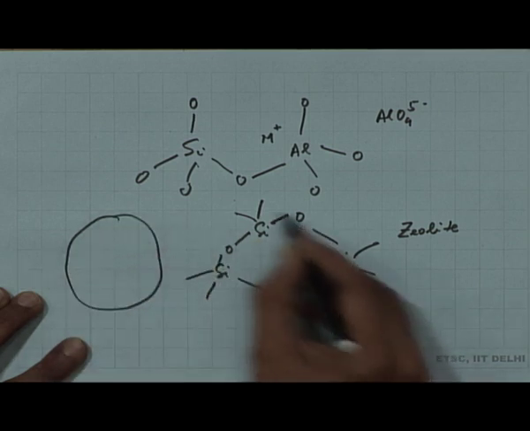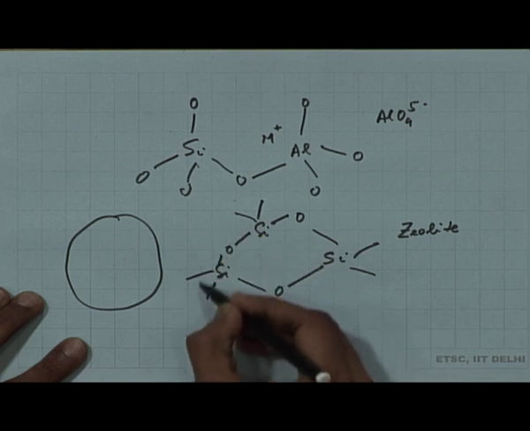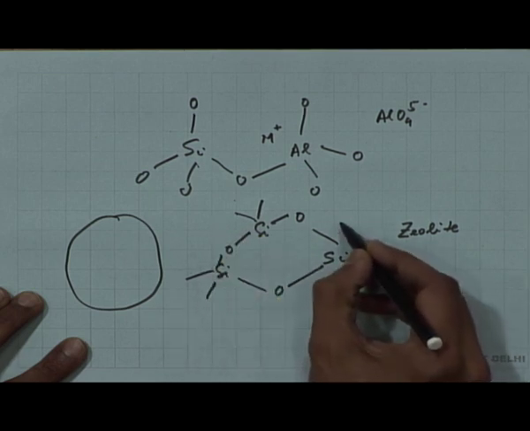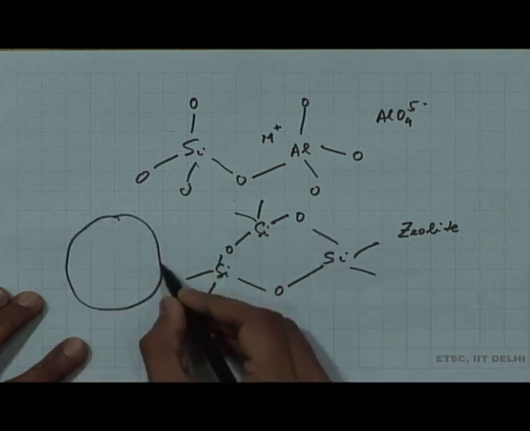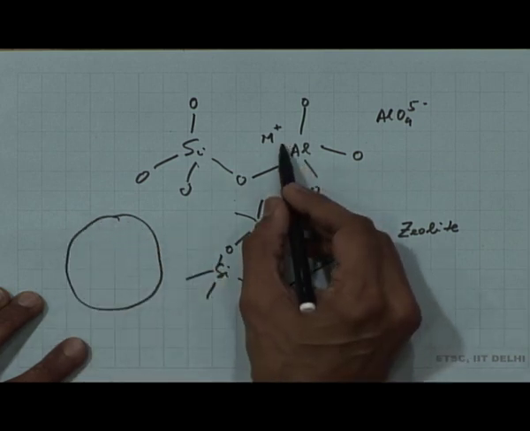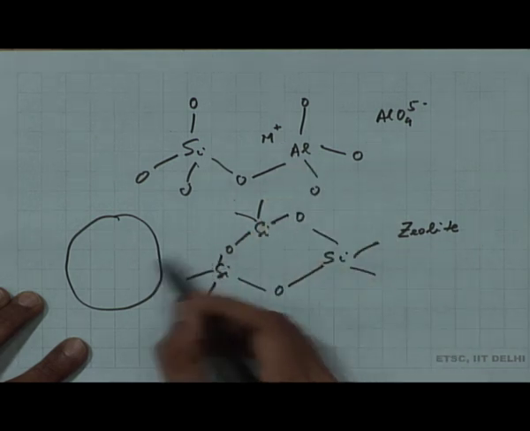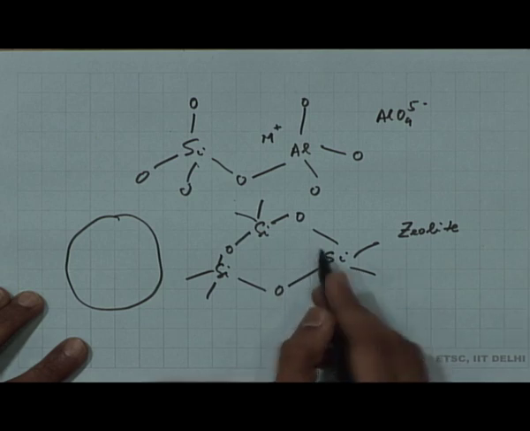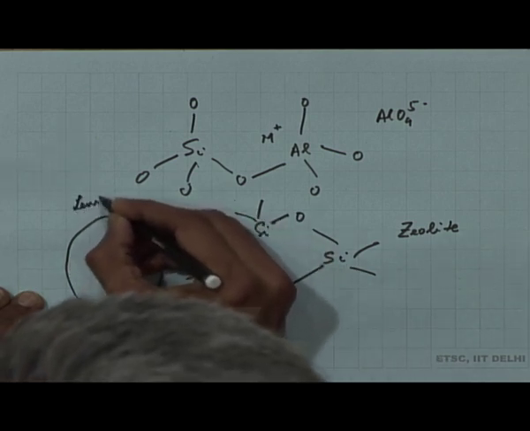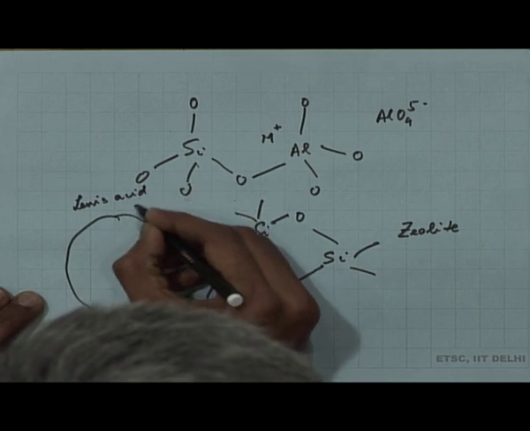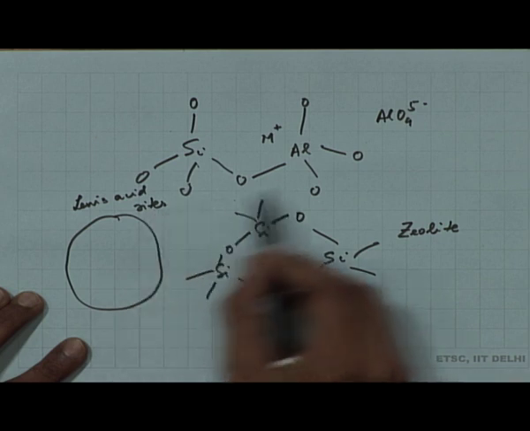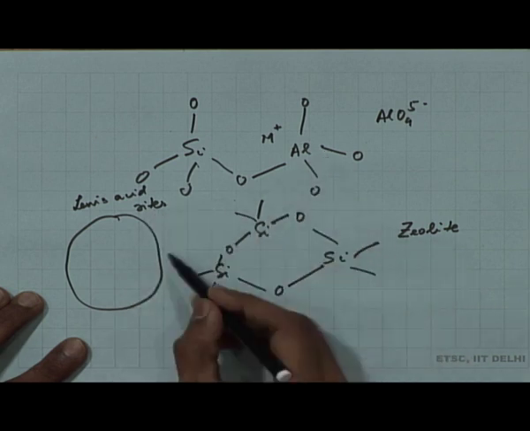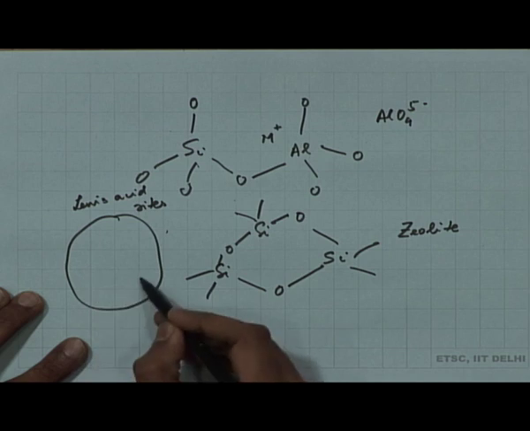So, you can imagine this situation, except that you put a lot more of these silicates, replace every few of them with alumina, and you will get cages like this. And as you can imagine, there are positive charges on this. So, the silica alumina network that you have got has Lewis acid sites, and these Lewis acid sites arise as a result of the aluminum which is outside this framework.